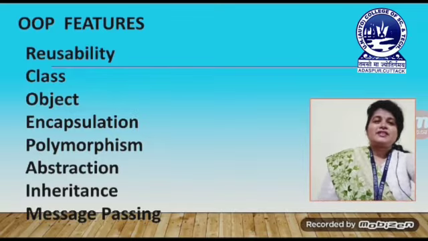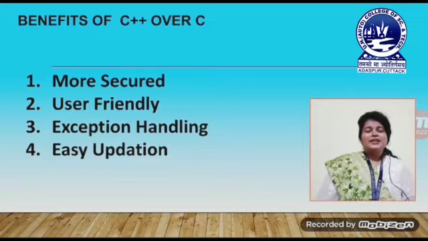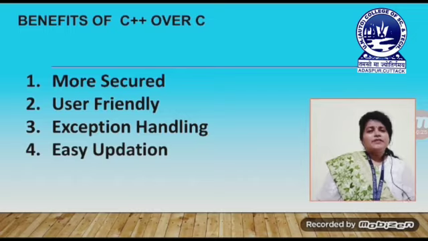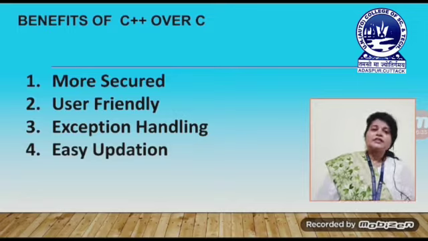Now we will proceed. Now we will discuss the benefits of C++ over C. In the next class we will discuss in detail, but today I am just giving a brief discussion or brief points on the benefits of C++ over C. C++ is highly secured, obviously, because it is having the encapsulation feature, it is having the data abstraction feature.